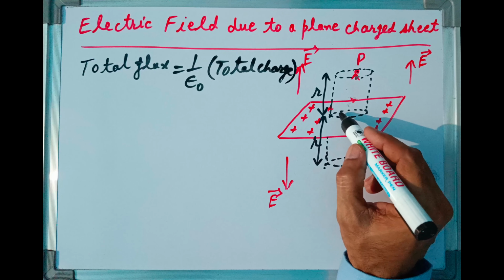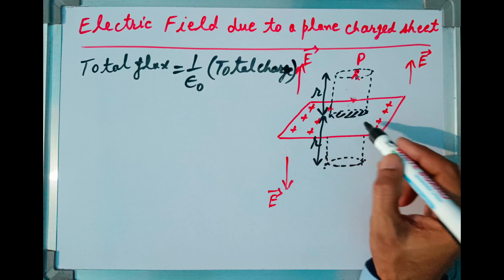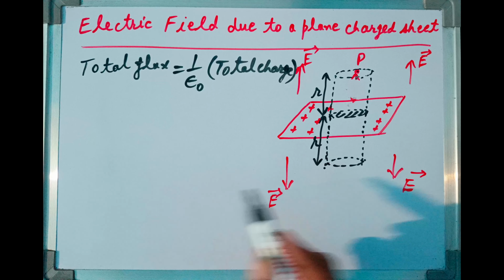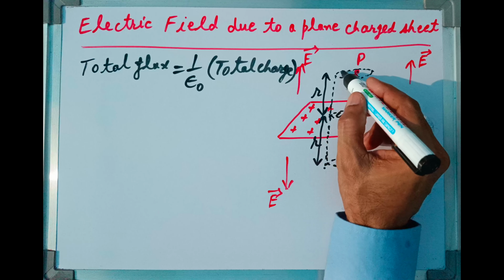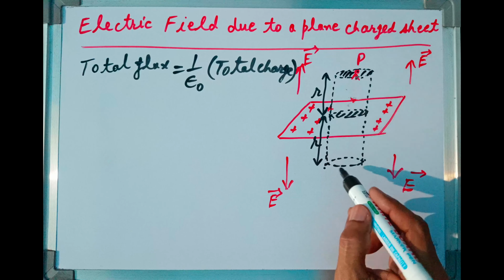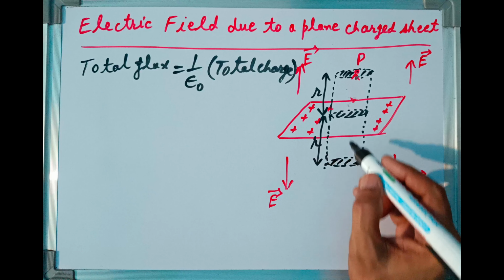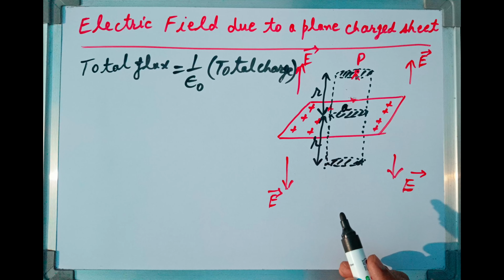Means charge supplied by only this portion of sheet will be counted. Let us suppose all these three areas, the area at the top of cylinder, area at the bottom of cylinder, and the curved area, are equal to A. Magnitude of area is A.